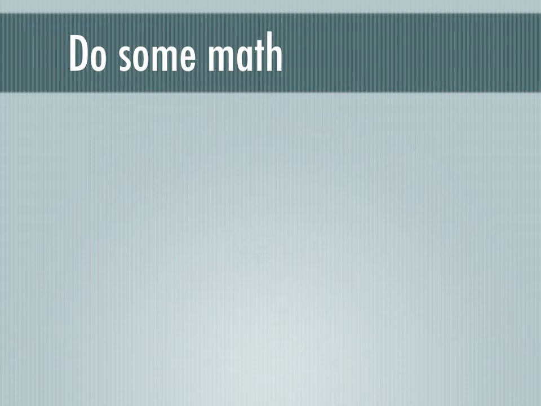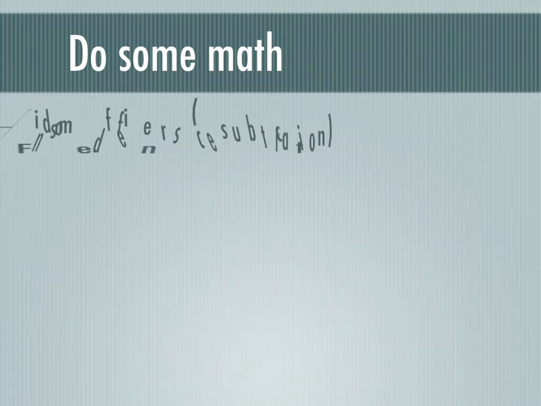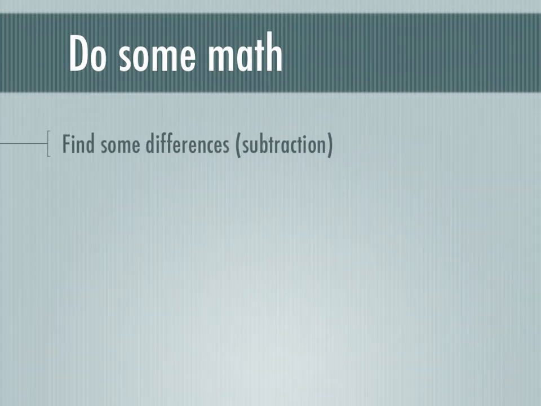Now do a little bit of math. Take a couple of those numbers, maybe the death tolls. Do some subtraction, find the differences. How big is the difference between the biggest and the smallest? How big is the difference between the largest death toll and the second largest death toll? Some of these statistics might be helpful for your project later.